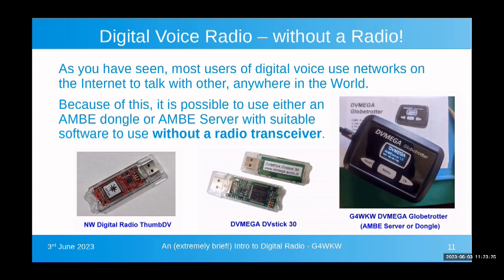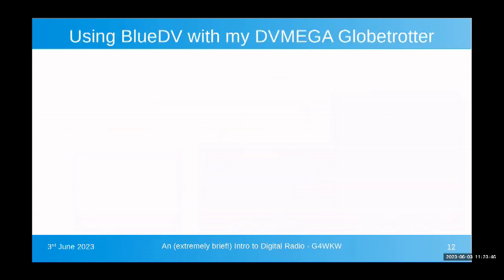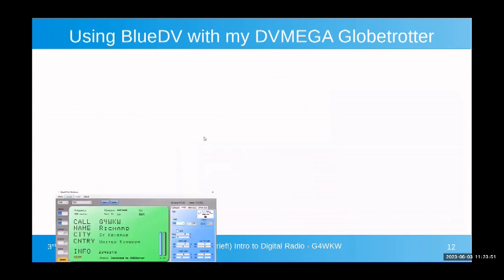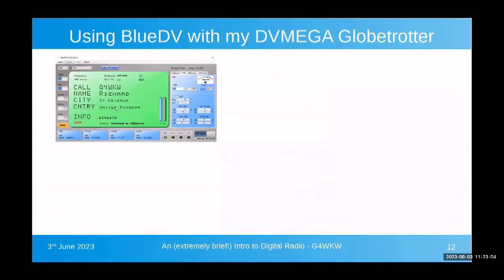Now, there's several bits of software that you can use on an Android phone, but certainly one of the best ones is called Blue DV, and it was developed by the same Dutch amateur who developed Peanut. Right, so this is some examples of me using Blue DV at home. Now I have a DV Mega here, which you can't see because I'm sharing the screen at the moment.